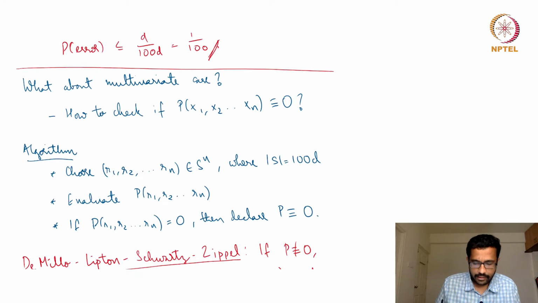So instead, we will just check whether a polynomial is identically equal to 0. Identically equal to 0 means the polynomial should be the 0 polynomial. Each monomial should have coefficient 0. So the polynomial is itself 0, not that it gets evaluated to 0 at some point. It's everything is 0.